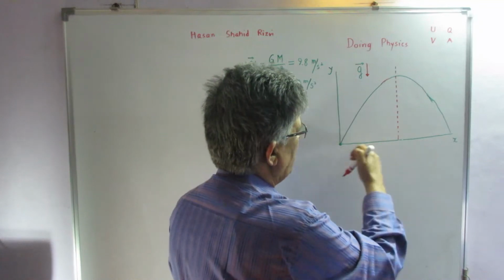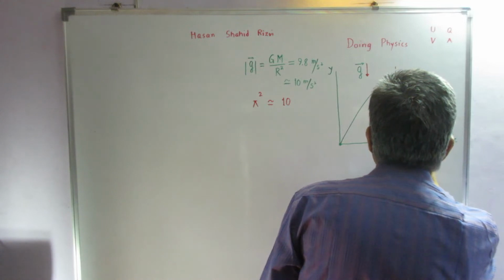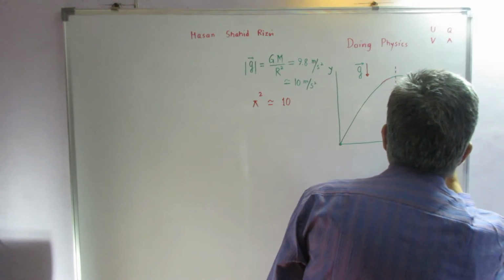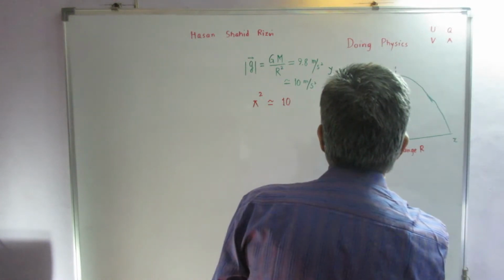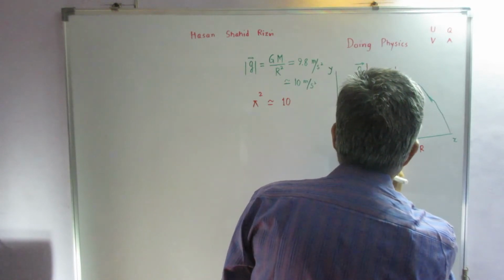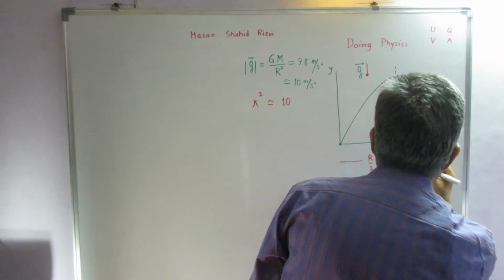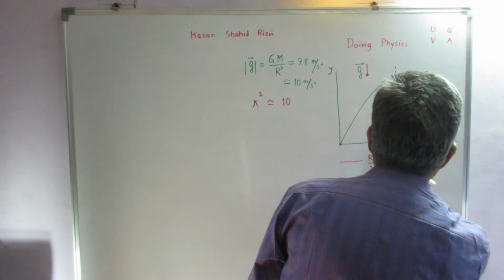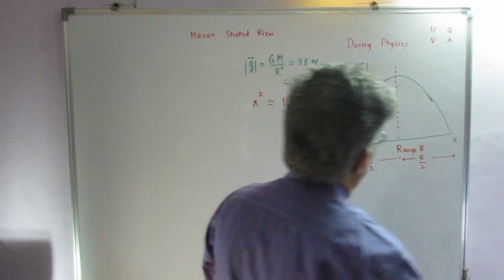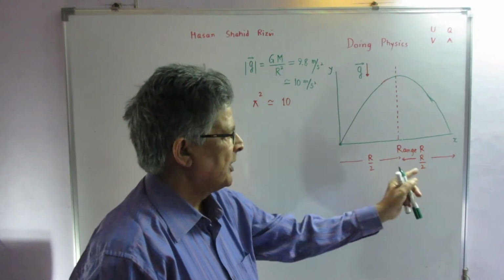So this divides the range. The range of the projectile, capital R, consists of two parts. One is R by 2 when it is ascending, and the other is again R by 2. Because of the symmetry of the situation, because of the beauty of the problem that we have, this becomes R by 2 and R by 2.